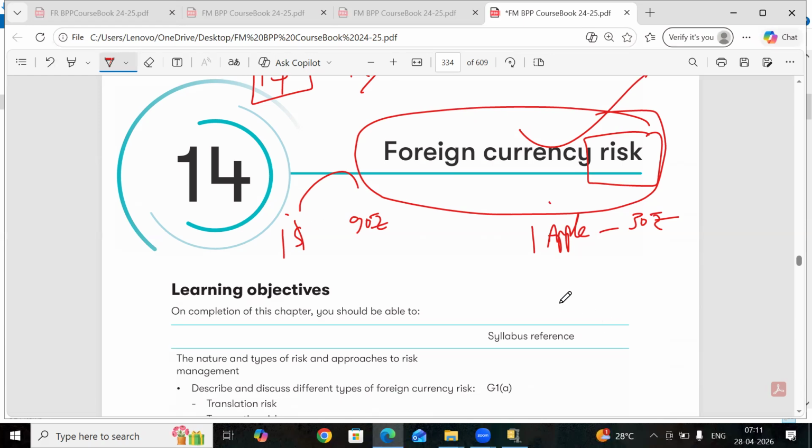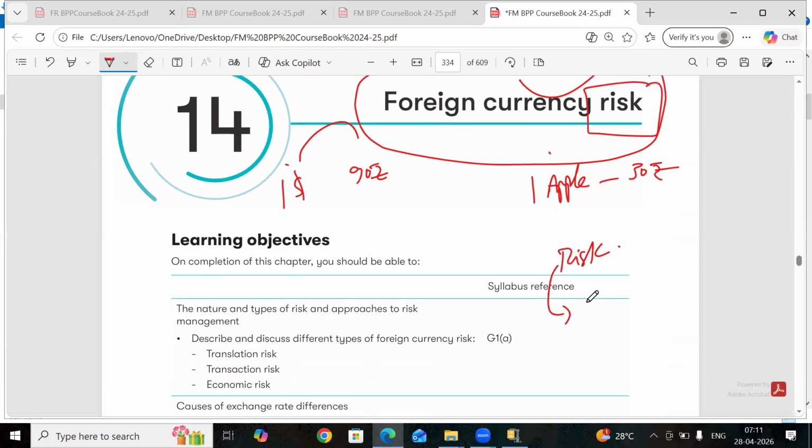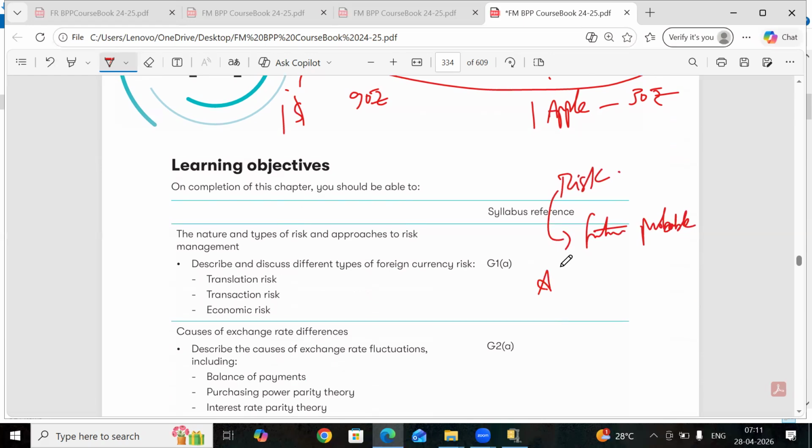First of all, what is risk? Risk is future probable adverse events which can create losses to us.